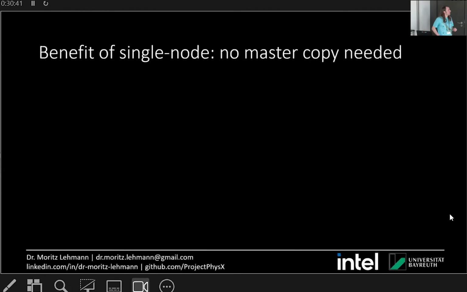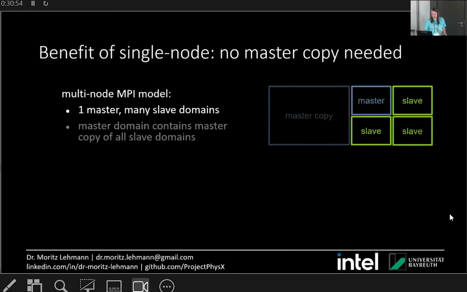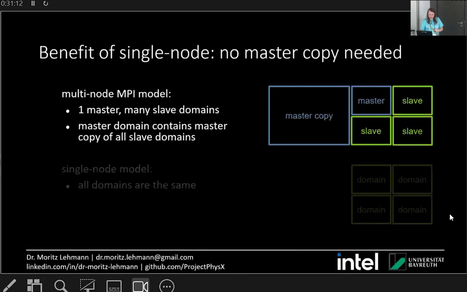There's another benefit with this single node architecture: you don't need a master copy. What I mean with that is, with standard MPI, you usually have one master node and a lot of slave nodes. And the master needs a big copy of all of the slave domains for any sort of data dumping to the hard drive. When all of the domains are huge in size already, you need gigantic amounts of memory on this one master domain.